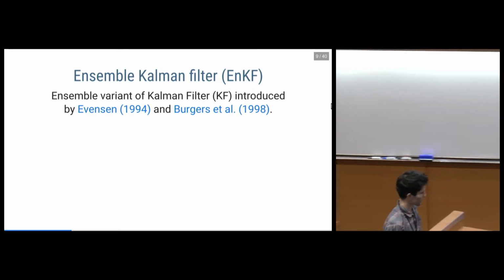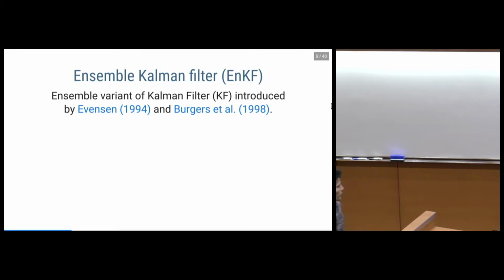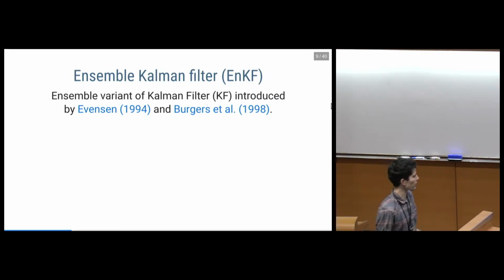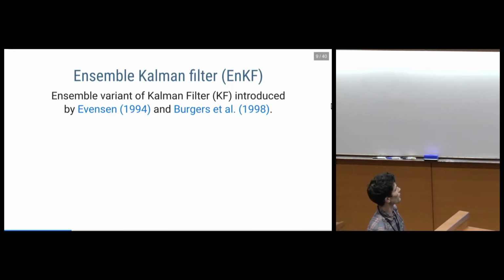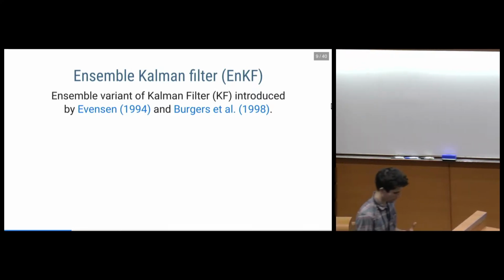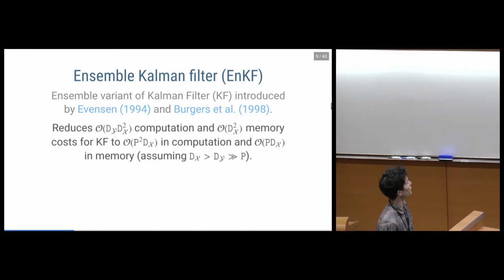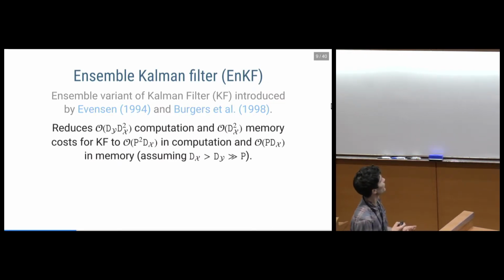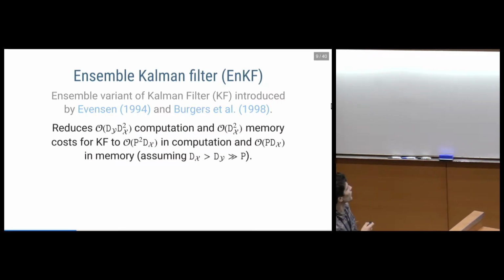Even if we have a linear Gaussian model, in the sort of dimensionalities we're talking about, doing the exact Kalman filter update would typically be intractable just because of the dimensionality of the matrix and vector objects we'd be working with there. So in general, the Kalman filter cost would scale quadratically in the state dimension and linearly in the observation dimension in computation, and in memory quadratically in the state dimension.